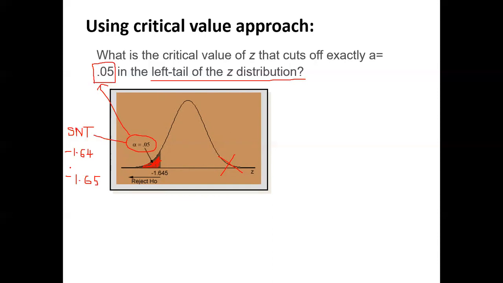The value of alpha 0.05 is approaching either one of these Z values. It can be negative 1.64 or negative 1.65. But because it is in between negative 1.64 and negative 1.65, it must be around negative 1.645.